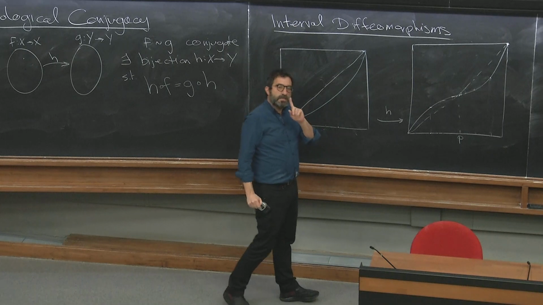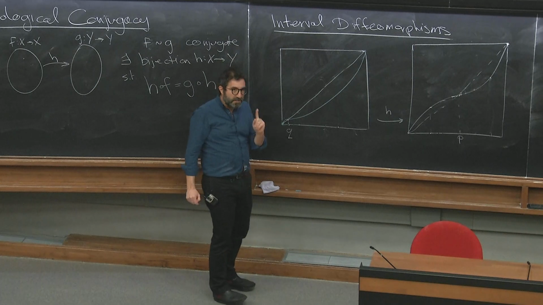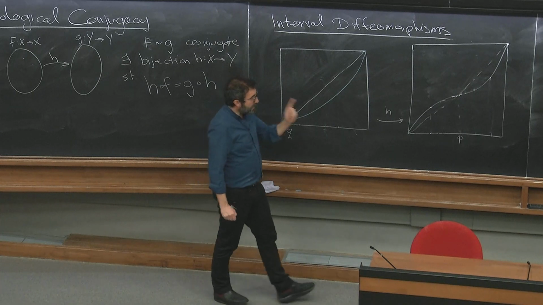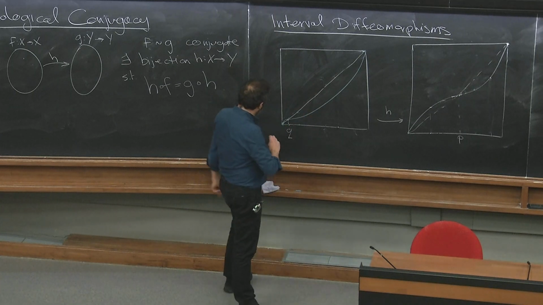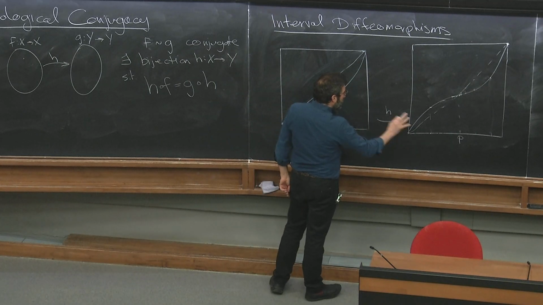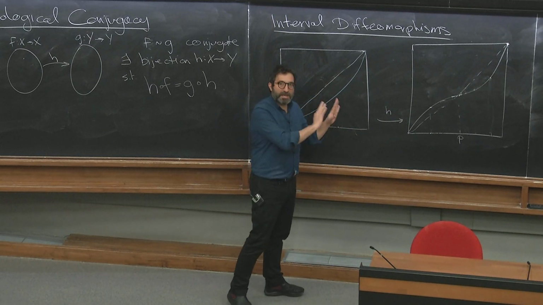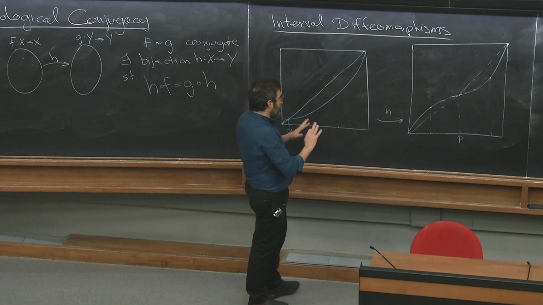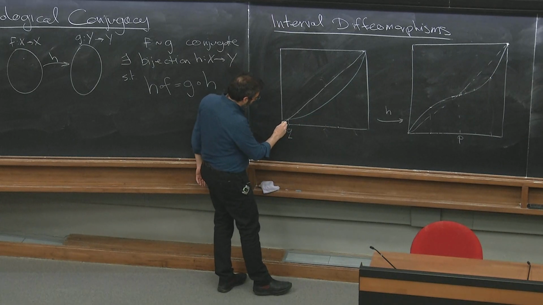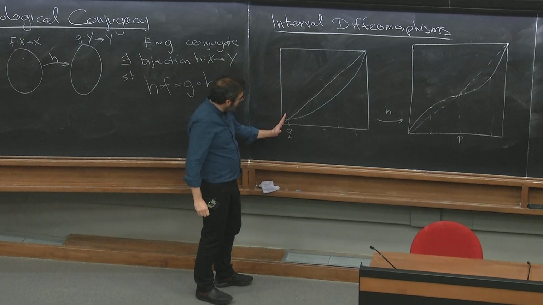Now, if the conjugacy is C1, then it also preserves the derivatives at fixed points. This is a simple calculation which I did last time. I will not repeat it now. But this means that if we could construct a conjugacy that was C1, we haven't proved yet that we can do that, but if we were able to, it would necessarily mean that the derivatives at the corresponding points are the same. So the actual slope, this is what Ruba meant by the tangents.